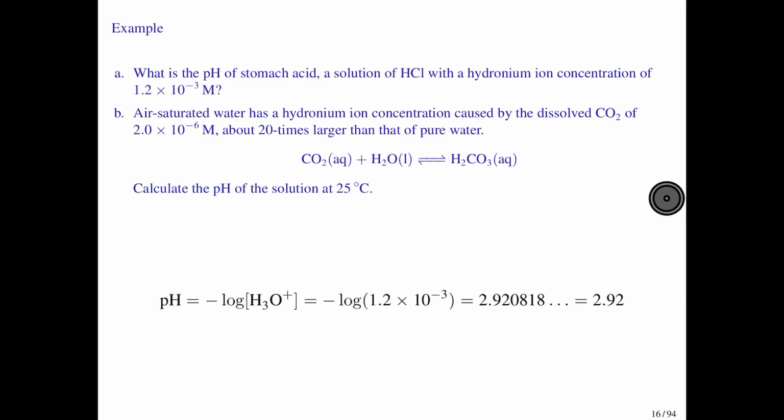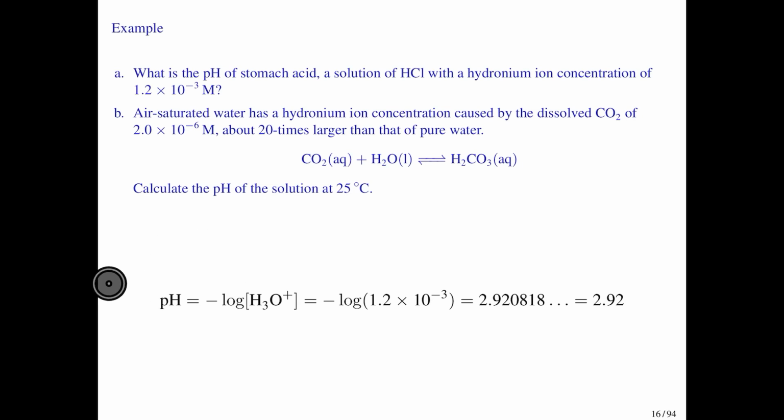Well, here begin our example problems, and this is a typical short numerical problem that you can expect to find on your assessment. Here we're talking about stomach acid, and they want us to calculate the pH of stomach acid, which is mostly hydrochloric acid, given that the hydronium concentration is 1.2 times 10 to the minus 3.